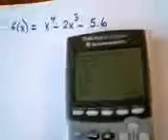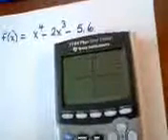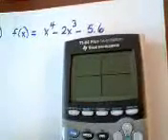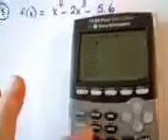Here's our function. So the first thing we're going to do, I always teach my students to hit Zoom 6 to make sure that we're starting in a standard window. And then we're going to enter the function. So we're going to enter y is equal to, and then we're going to have what?